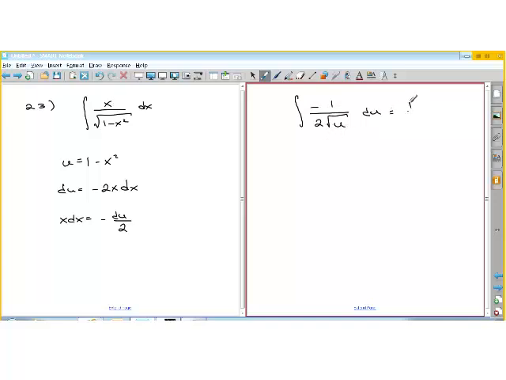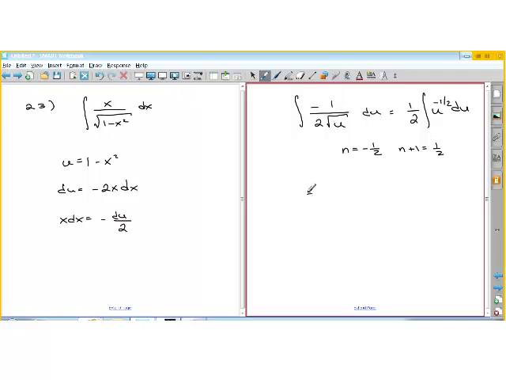So I'd factor out the negative 1/2. And this will become u to the negative 1/2 power du, because the denominator u to the 1/2 becomes u to the negative 1/2 in the numerator. So for integration purposes, n is negative 1/2. So when we add 1 to that, we get positive 1/2.